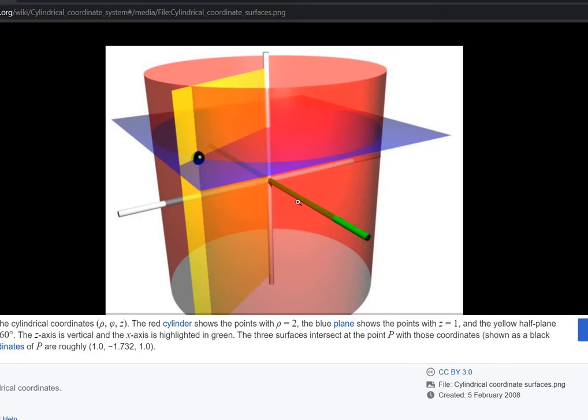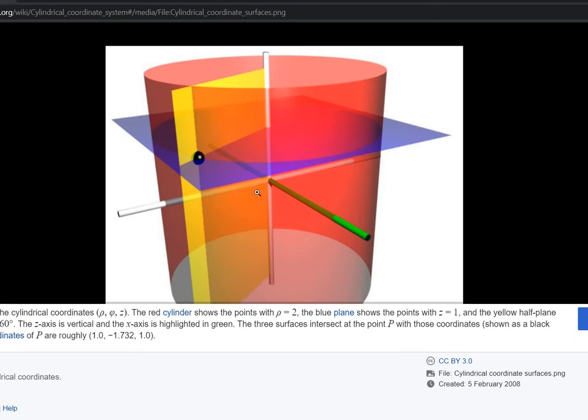Look through this picture also. This is a cylinder. Read these: the coordinate surfaces of the cylindrical coordinates rho, phi, z. The red cylinder shows the points with rho equal to 2, that is, radius equal to 2.